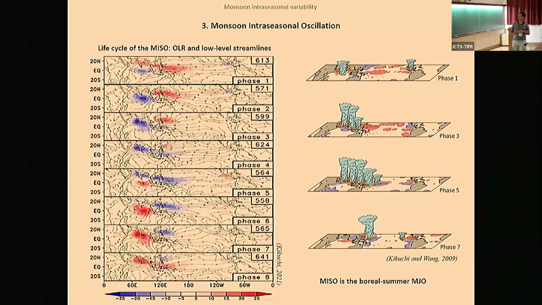And that's going to affect the whole of the southern part of the Asian continent at the same time. So it is essentially the summer MJO, or the monsoon mode, in the same range of periods.